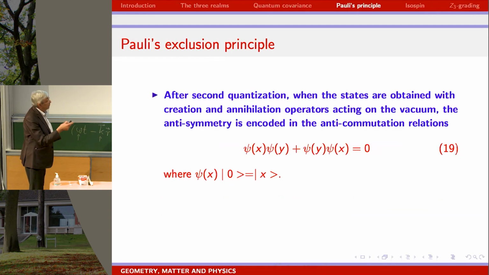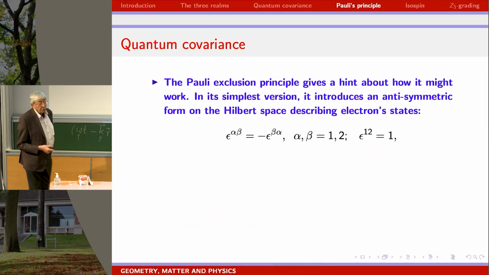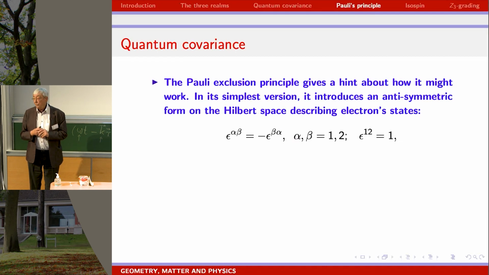After second quantization, you get anti-commutation, and what it tells you is that in the Hilbert space of states of an electron, say of a fermion, whenever you have two electrons which have exactly the same quantum numbers, they have only two possibilities. There is something that is called half-integer spin, and these two possibilities are antisymmetric.